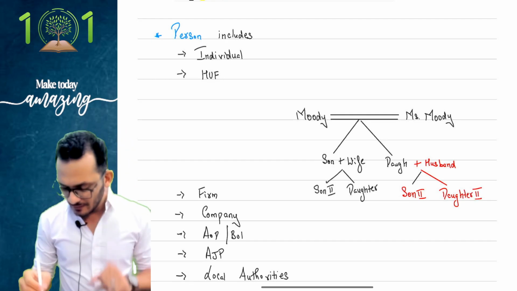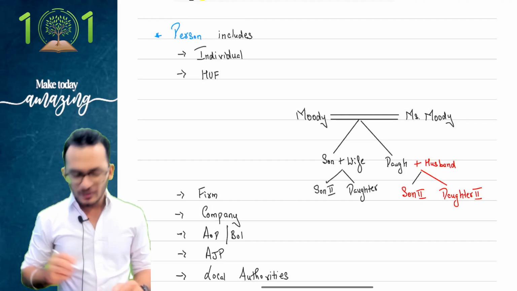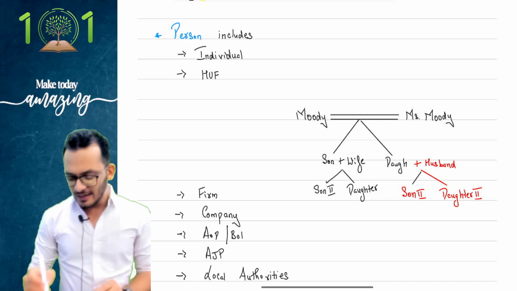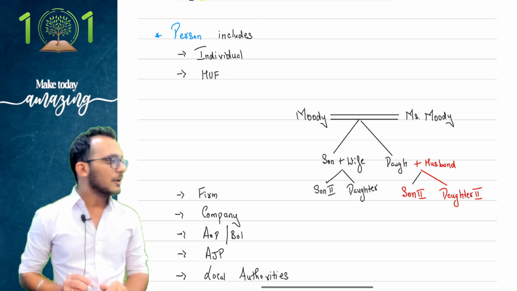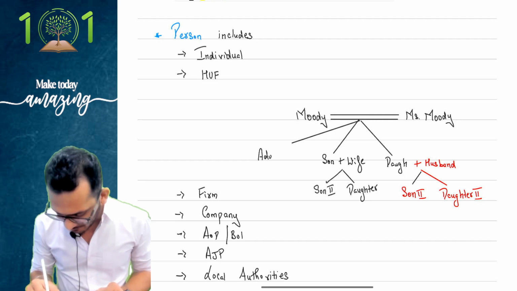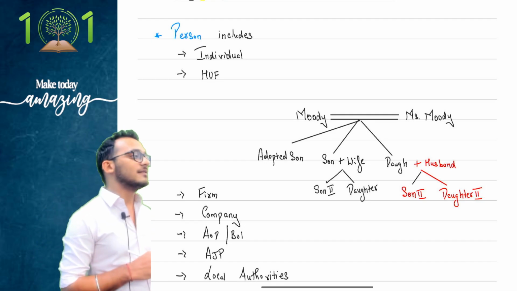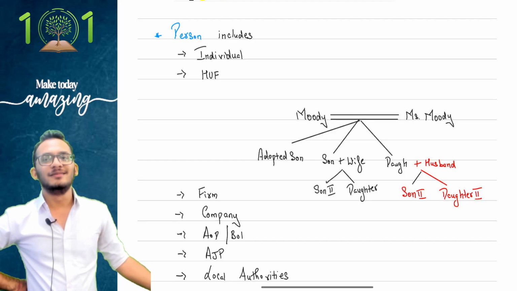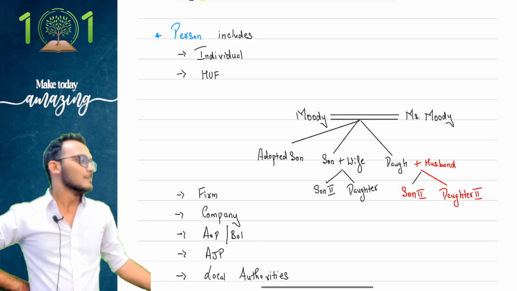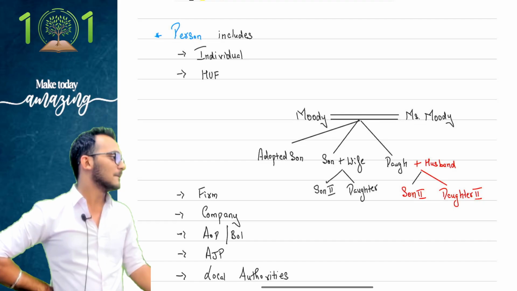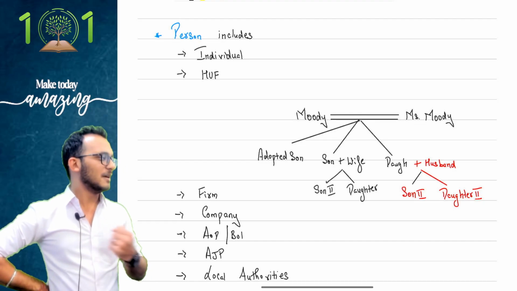Agreed? People, imagine a case where Mr. Moody and Mrs. Moody decided that the son and the daughter which they have are useless, and therefore they have decided they would like to adopt. So they have gone and adopted a son. Adopted son. मेरे को नहीं पता. Blood relation.